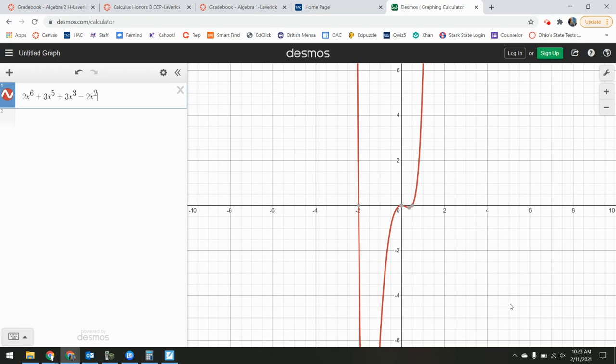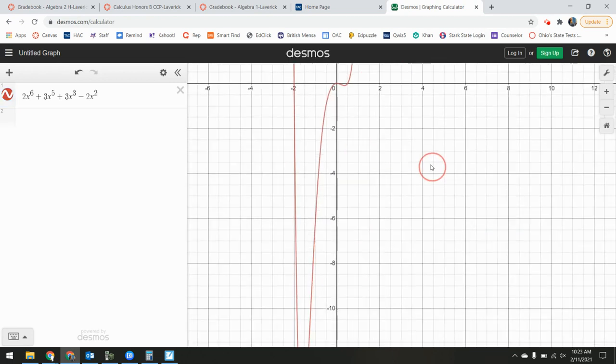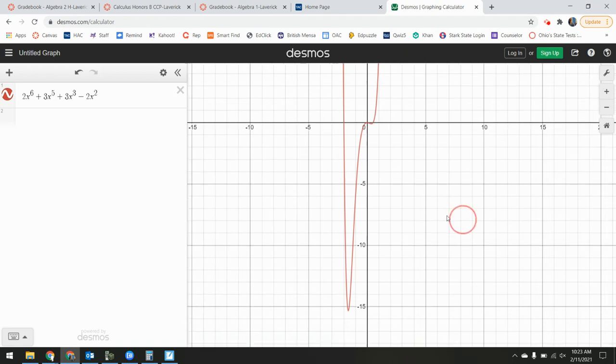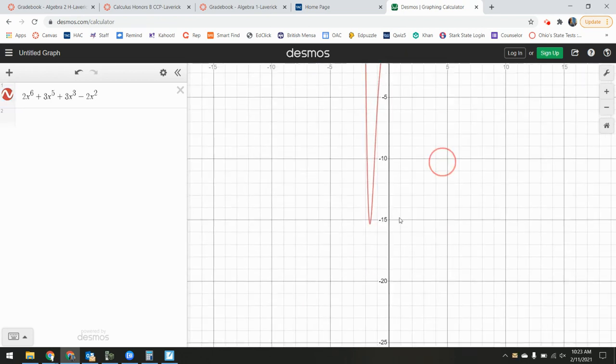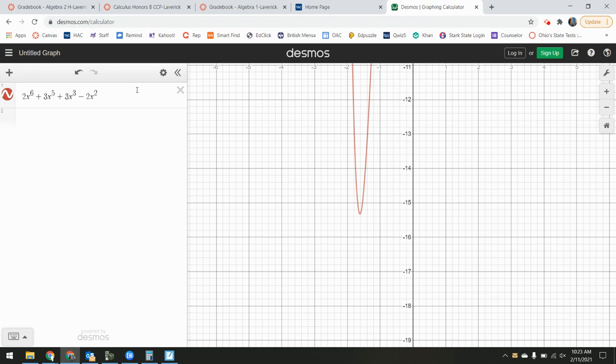So here's what I want to think about. The important pieces of the function here are the maximum and minimum values. And you want to know what's really nice about Desmos? Look, you can just click on it and it tells you the minimum point, right? If I had my graphing calculator, I would need to figure out what window I would need, click on the left bound, right bound, guess.